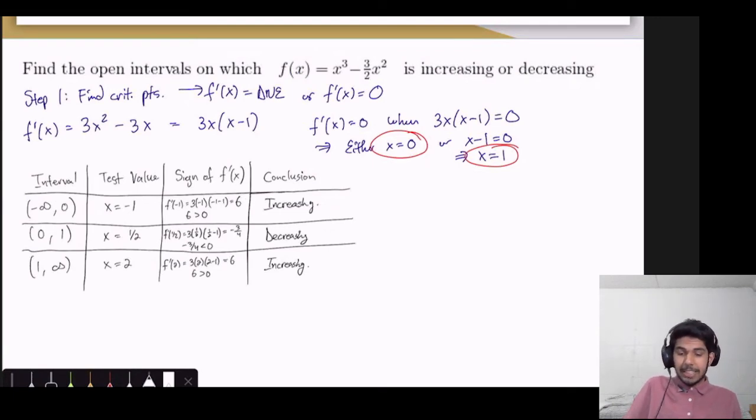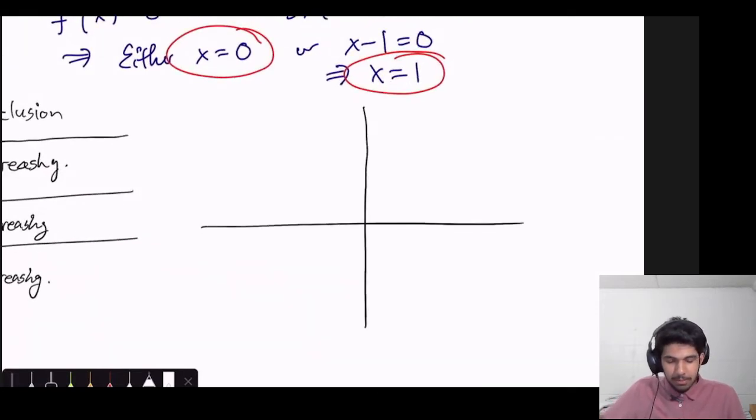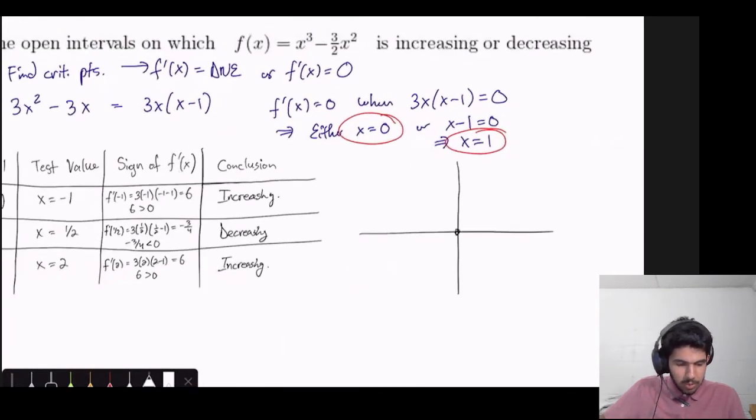We've detected our open intervals, and we've classified whether or not it's increasing or decreasing. So maybe we can sketch potentially what the curve looks like. We have critical points at 0 and 1. From -infinity to 0, the function's increasing, so it could go something like this.